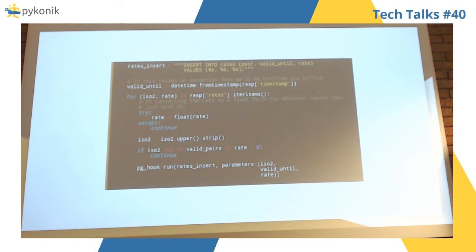Because I read information about that API, it's refreshed every 1 hour. So we can say this data is valid for the next 1 hour from the time we get this data. There is a loop where we get and process this data. And there is a Postgres hook that runs an insert to the database with the proper rates.